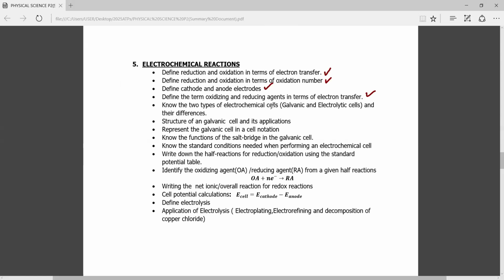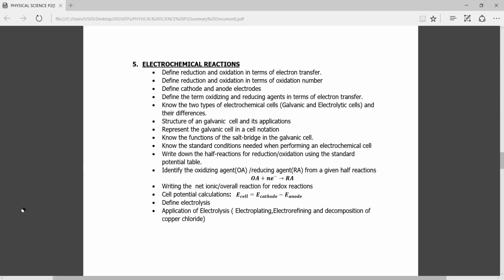You must know the two types of electrochemical cells, galvanic and electrolytic cells, and understand the differences in terms of energy transfer: one converts chemical to electrical energy, and the other converts electrical to chemical energy. You must know the structure of a galvanic cell and its application, represent it in cell notation, and know the functions of the salt bridge in a galvanic cell.